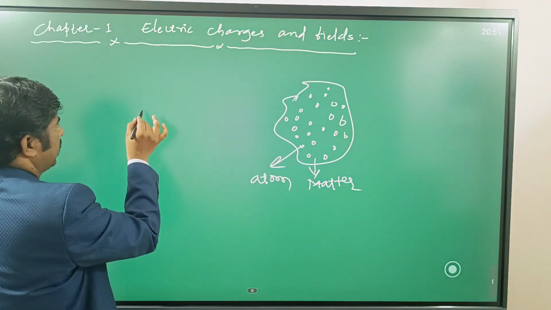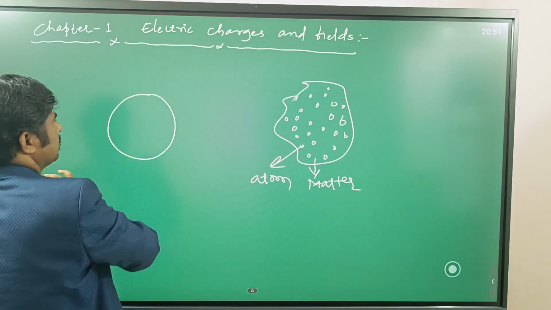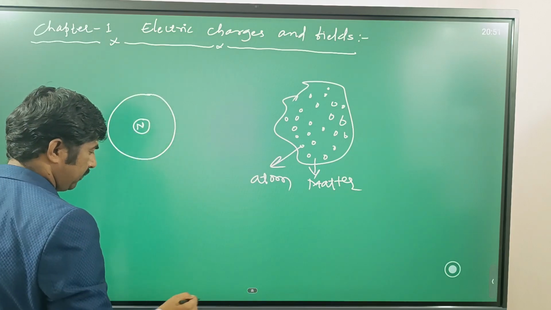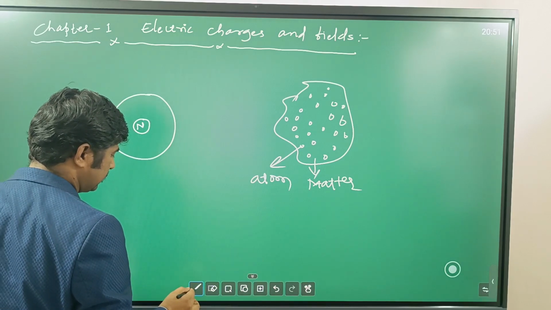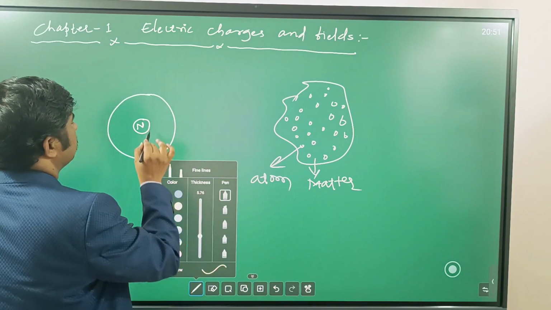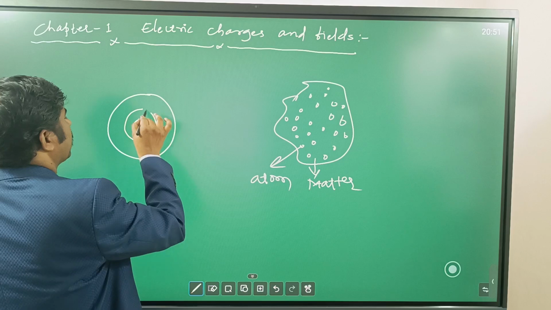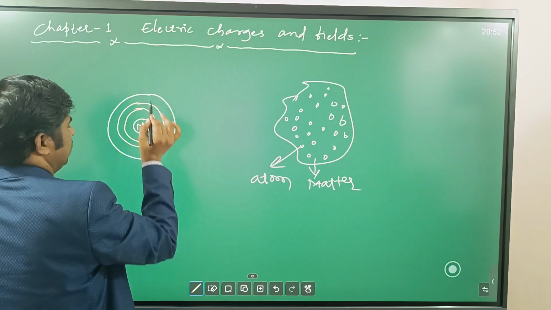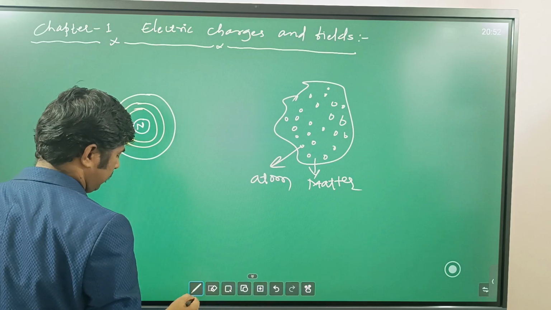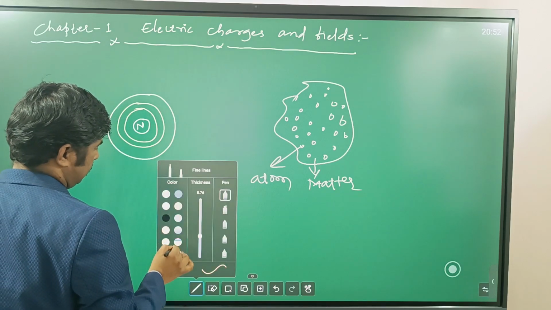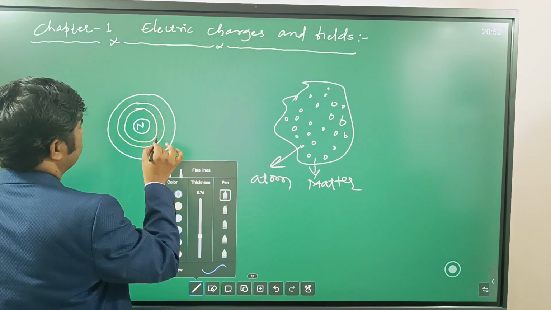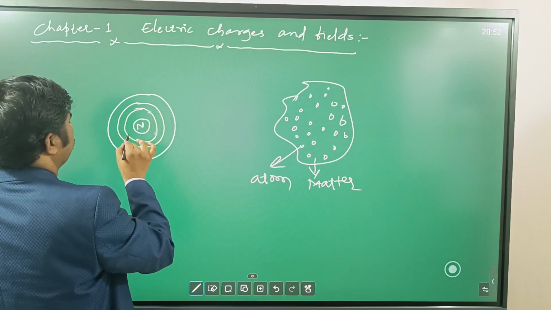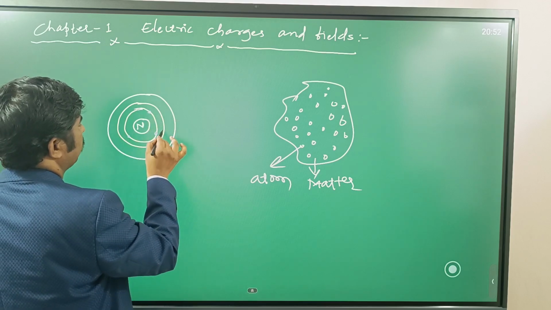So one such atom I will take. The atom is in spherical shape. The central part of the atom is called the nucleus, and electrons are revolving around the nucleus. This is the orbit. Let's say here are the electrons, this is one electron, 2, 3, 4, and this is one more electron.